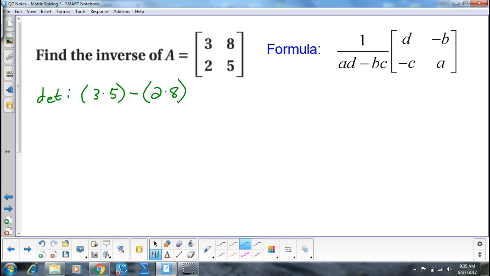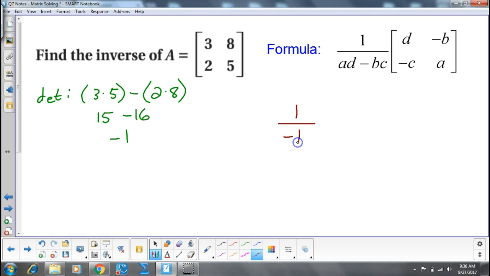So that is 15 minus 16, which is negative 1. So the value that goes outside my matrix is 1 over negative 1.